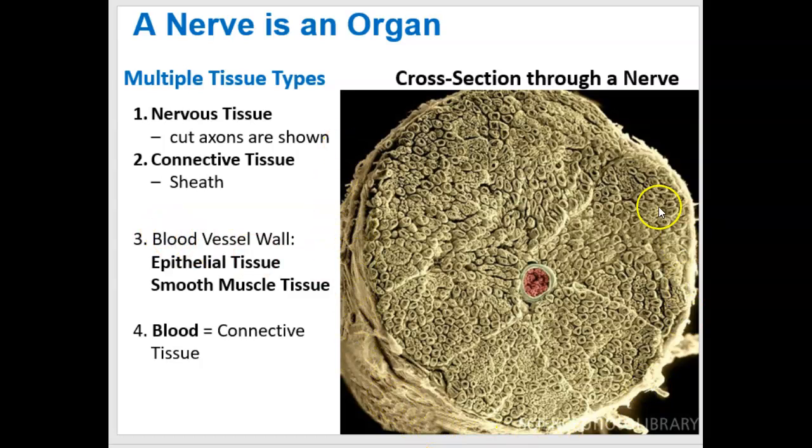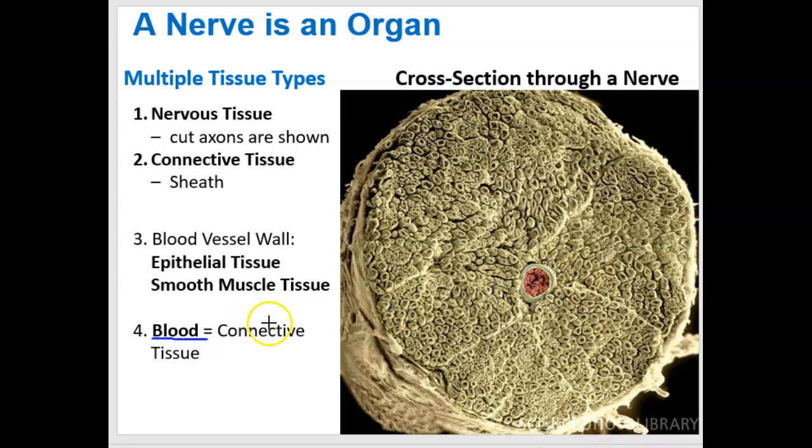Now, surrounding all of these axons is a connective tissue, and it's like a sheath. It's a protective layer, and it keeps the axons bundled. In the central part of the nerve, you see a blood vessel with a wall of the blood vessel. So inside the blood vessel, colored red in this picture, you see blood. That's a type of connective tissue as well.